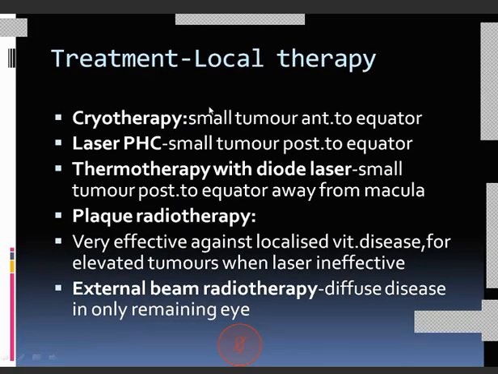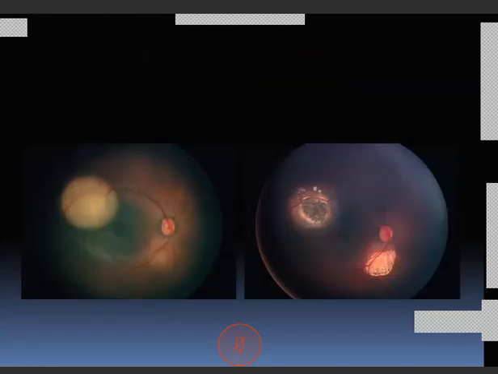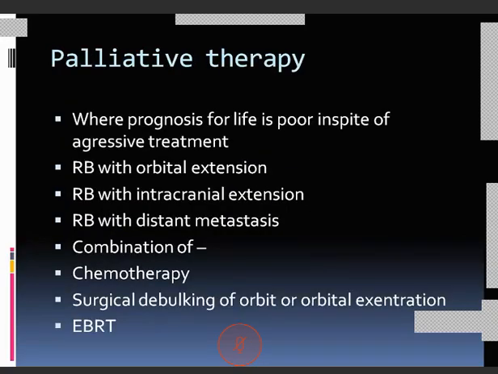Then coming to the treatment of retinoblastoma, it includes local therapy, tumor destructive therapy, enucleation, and then palliative therapy.